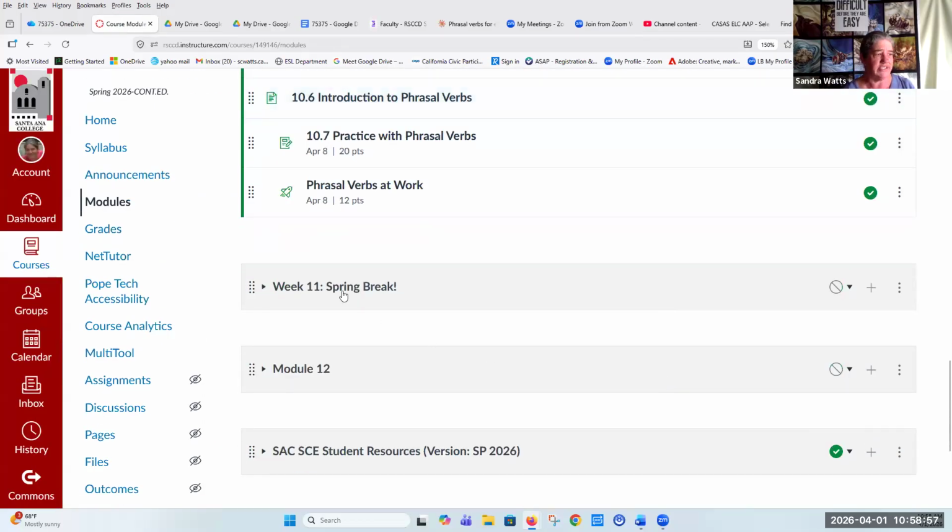So, this has not been published yet. I just put spring break because we'll be on break. I will put a couple of things in here probably over the weekend. If you want to do some practice during break, I will put a couple things in here. If you say, nope, I want a break, that's okay too. These will not be graded. They will not count towards your grade.